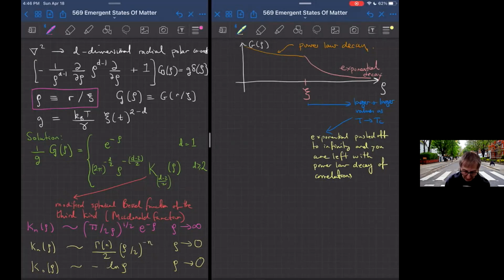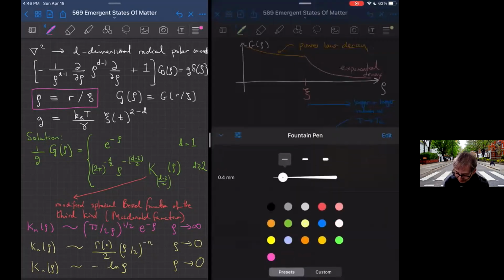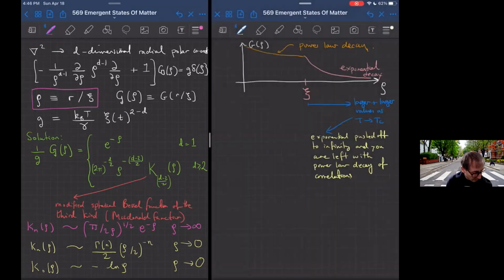And let's see, what else do I need to explain in this? Oh yes, I didn't explain this. I also need to say that over here, when I wrote down gamma of n, that was Euler's gamma function. So that's the integral from 0 to infinity of t to the n minus 1, e to the minus t dt, and that is equal to n minus 1 factorial when n is an integer.